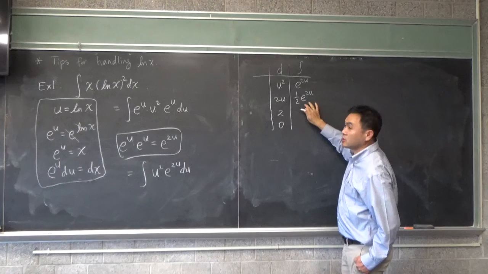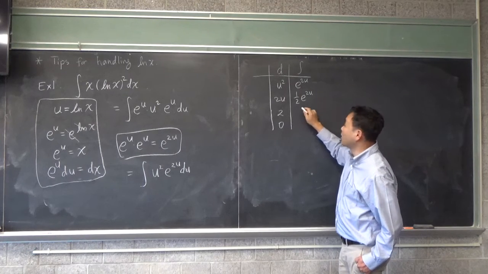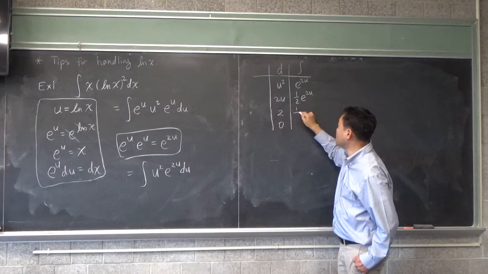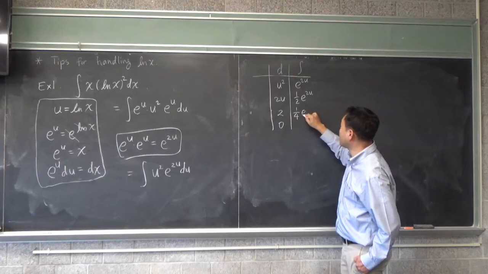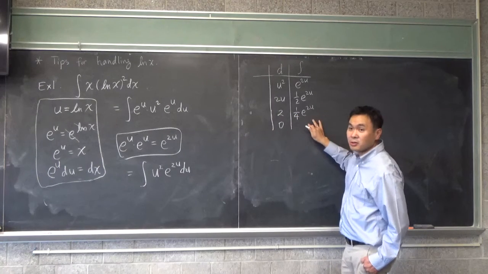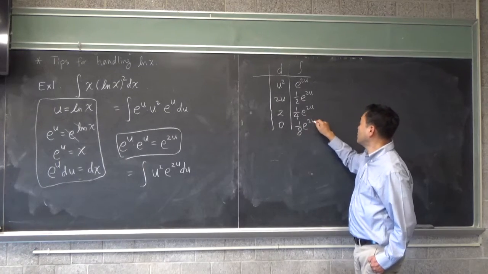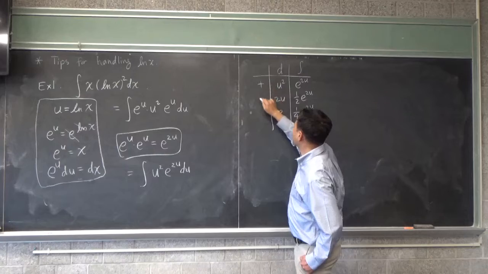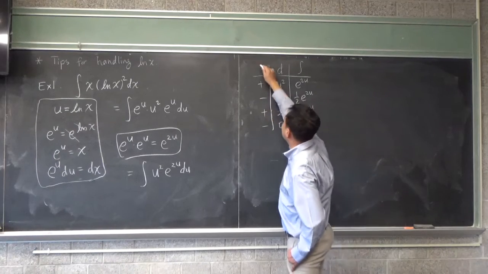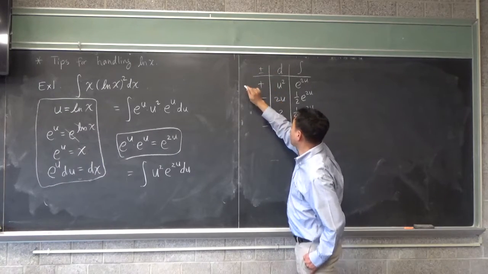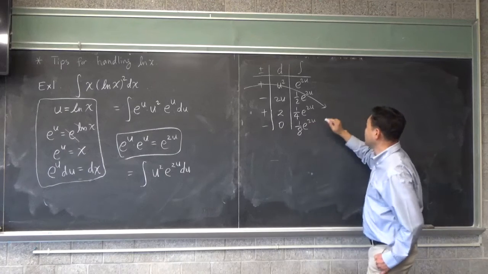Integrate again, another 1/2 comes out, and you get 1/2 times 1/2, which is 1/4. Another integral, 1/8. Then you get plus, minus, plus, minus.